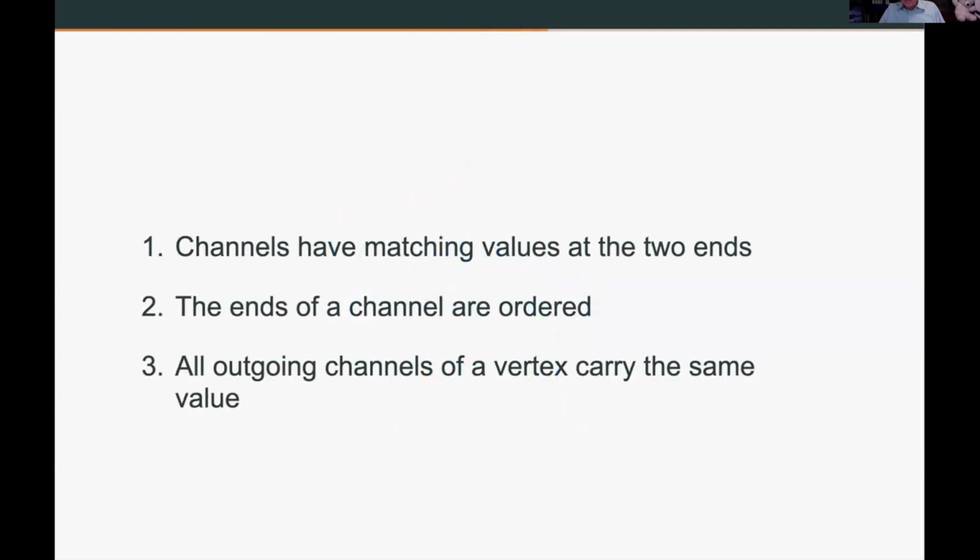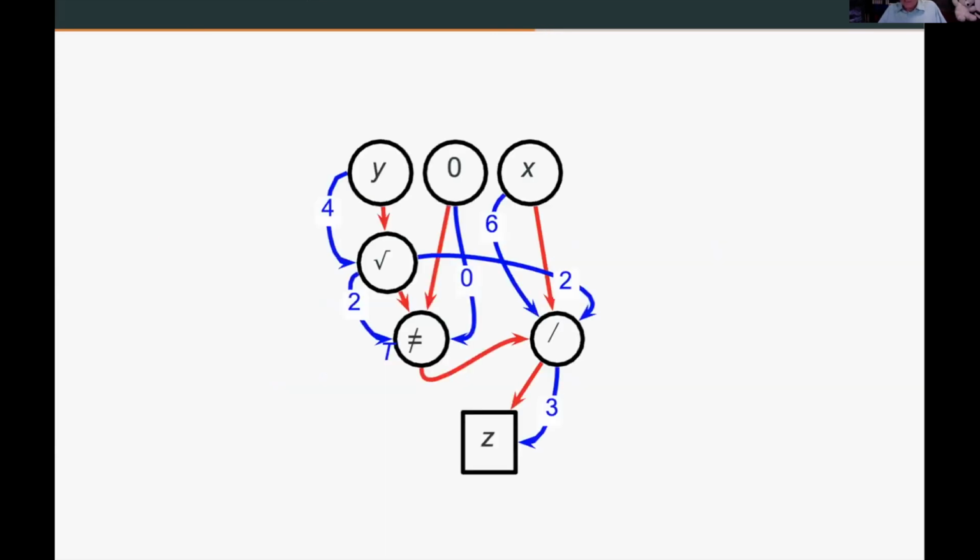Regarding the channels, there are some other obvious things that need to hold. The value that comes out of one end is the value that went in at the other end. And if you have a channel from y to square root, you're taking the square root of y, so you need to read y before you take the square root. So the value of y is going from y to the square root.